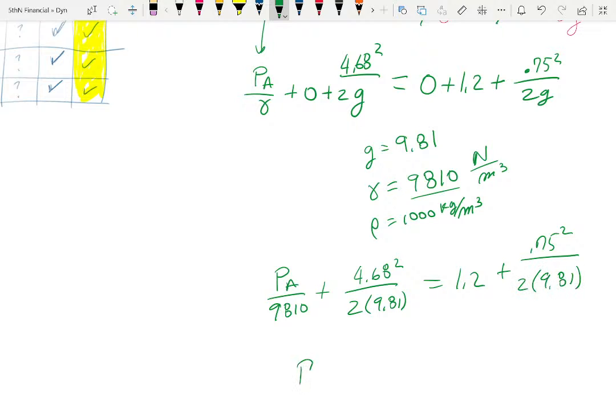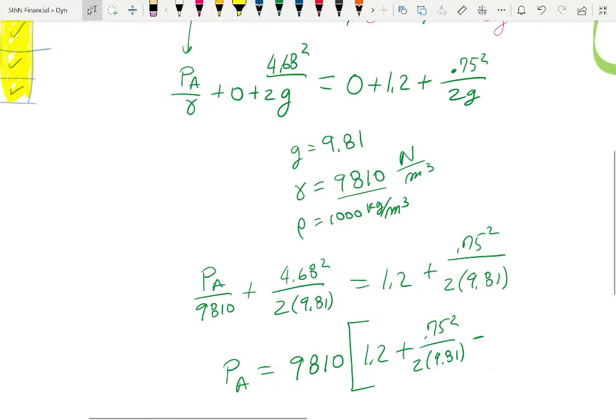And so then you just get pressure A equal to 9810 times, well, shoot, okay, 1.2 plus 0.75 squared over 2 times 9.81, and then you've got to subtract 4.68 squared over 2 times 9.81. Did I get that right?